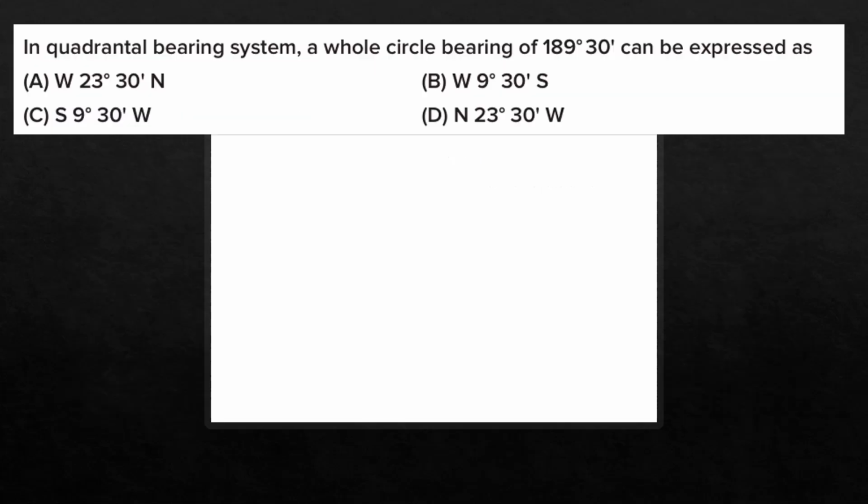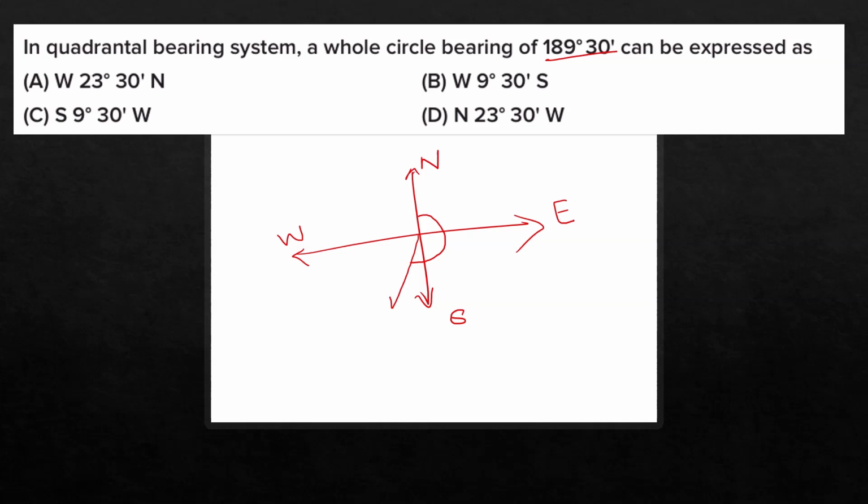In quadrantal bearing system, a whole circle bearing of 189 degree 30 minutes can be expressed as? We know the directions: north, east, west and south. The whole circle bearing is given as 189 degree 30 minutes, that is, from north direction we need to take 189 degree 30 minutes.